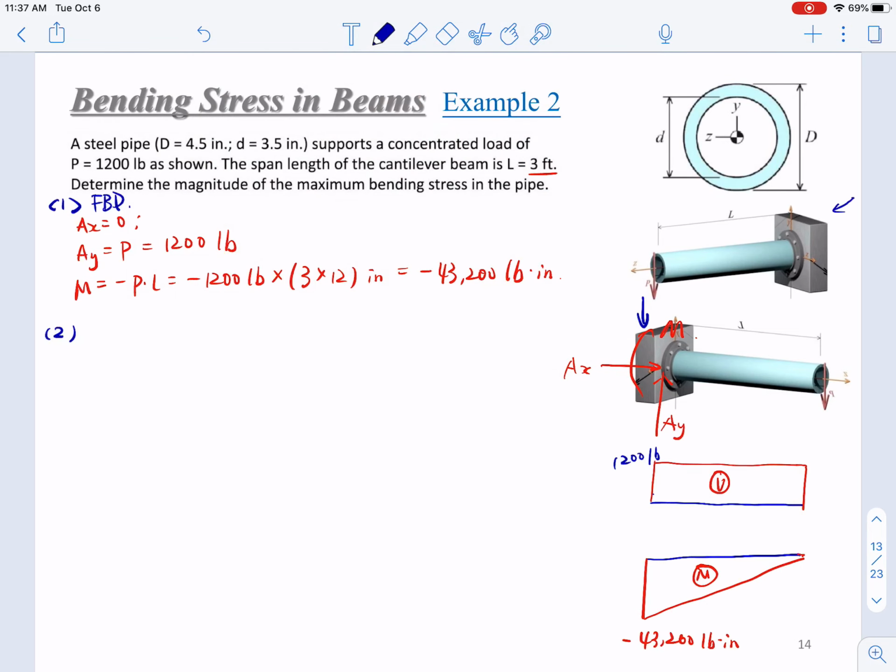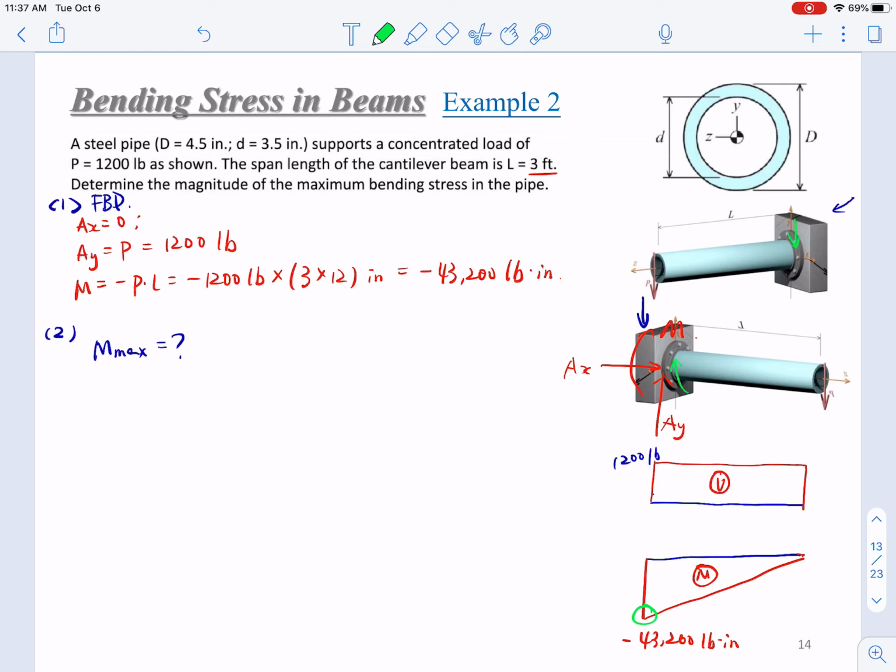So where is our maximum bending moment? That will be here, at the left end, just here at the fixed point.